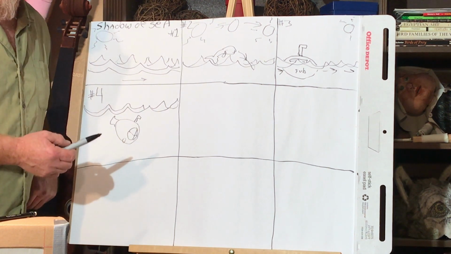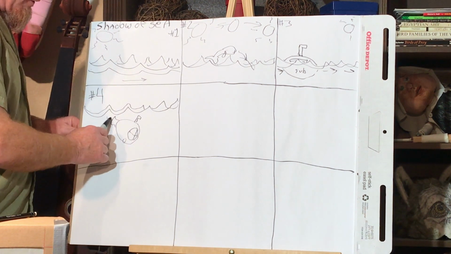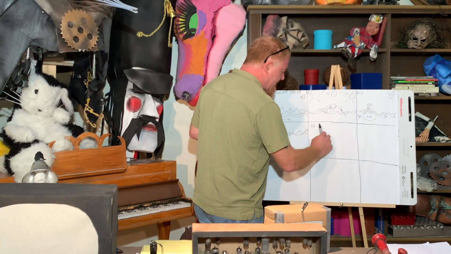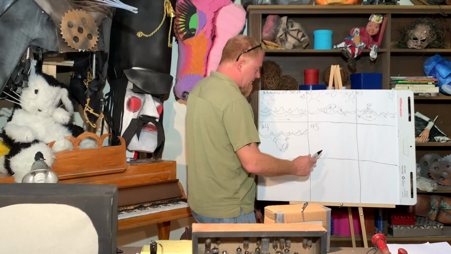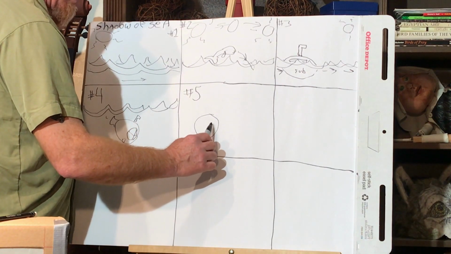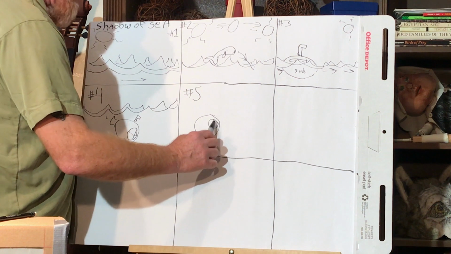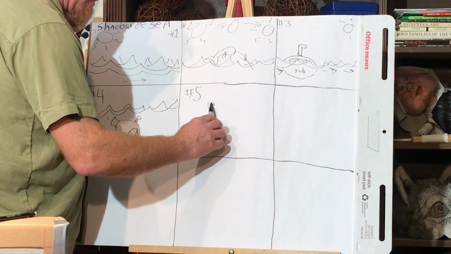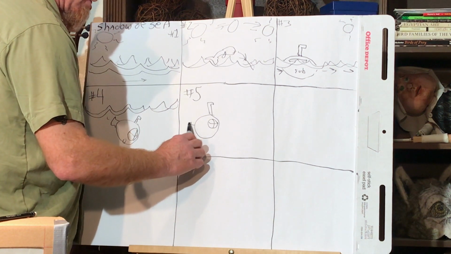Still has a periscope. But so now we're diving underwater. So scene 5, we're underwater. So now we're not down to the depths of the ocean yet, or the sea, or whatever you like to do there.